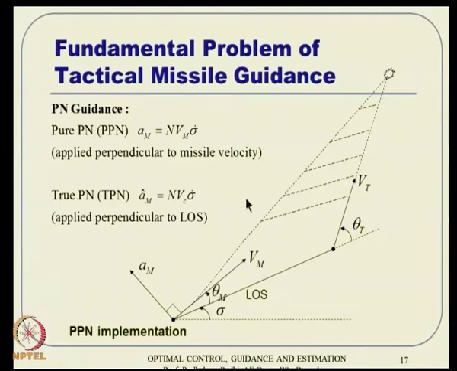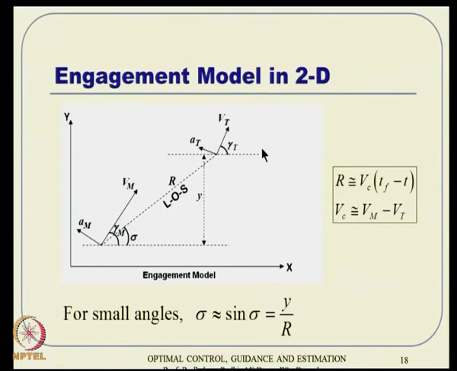So this is the fundamental concept of 2D missile guidance in general. Now if you talk about engagement models in 2D, you can put an inertial axis frame, with the reference line parallel to the x axis and the y direction perpendicular to that. Then sigma is approximately sin sigma, provided sigma is not high, so sigma is approximately y over r, and r is nothing but Vc times Tf minus T, the final time minus the current time.